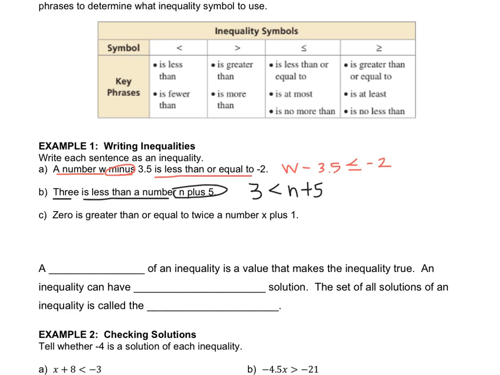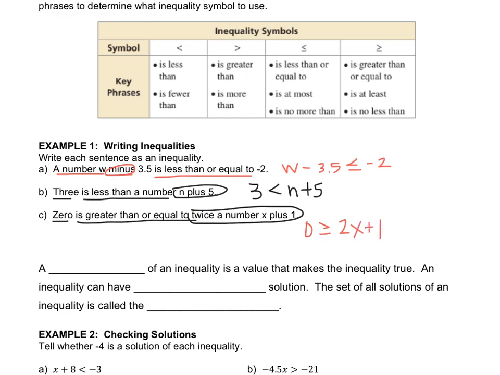Okay, maybe that wasn't so complicated for you. Let's look at letter C. 0 is greater than or equal to twice a number x plus 1. So we just write that as we read it. 0 is greater than or equal to twice a number x plus 1.